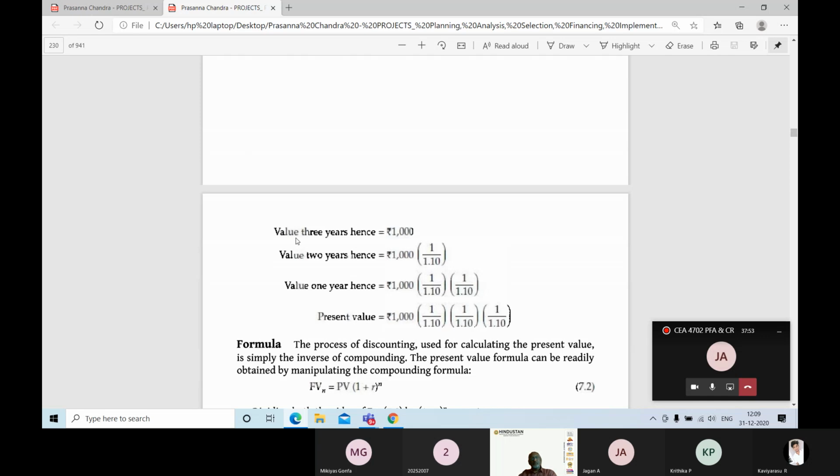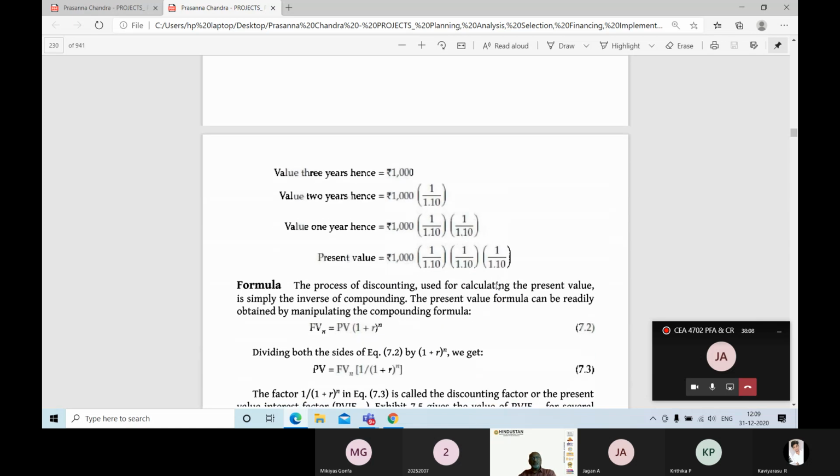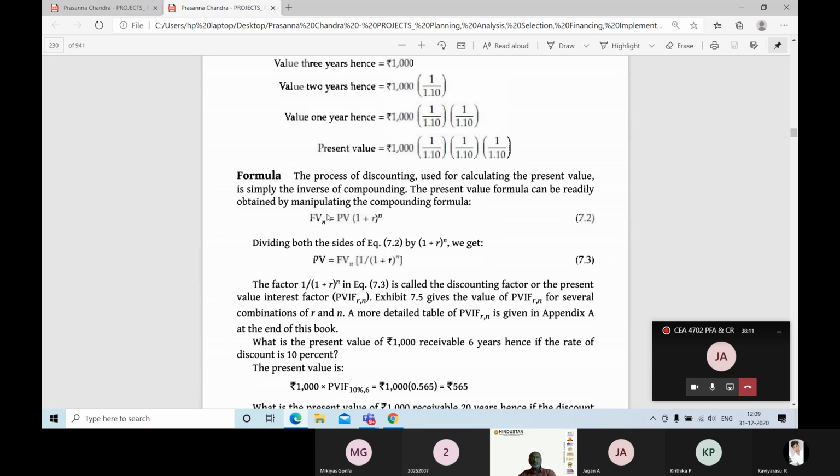For the discounting factor: the value after 3 years is 1,000, then the value 2 years is 1,000 by 1.1, and the value 1 year is 1,000 by 1.1 into 1 by 1.1. Then the present value is the multiplication of all those things. The formula: future value is equal to present value into (1 plus r) whole power n.